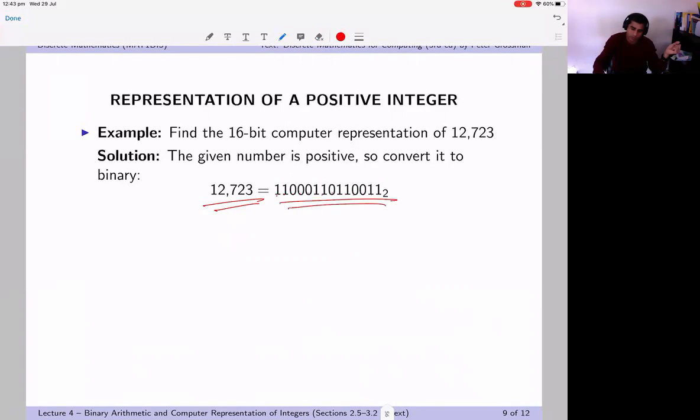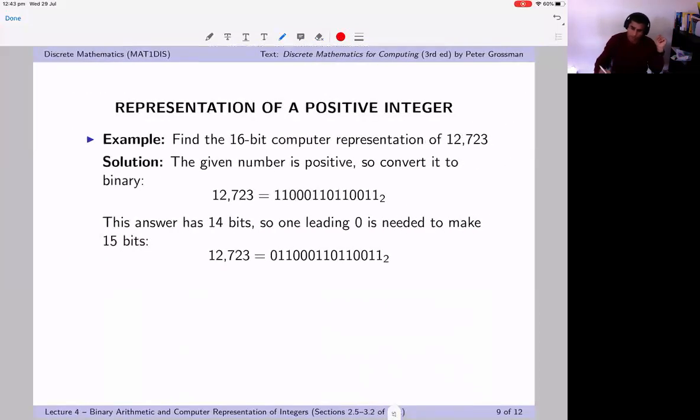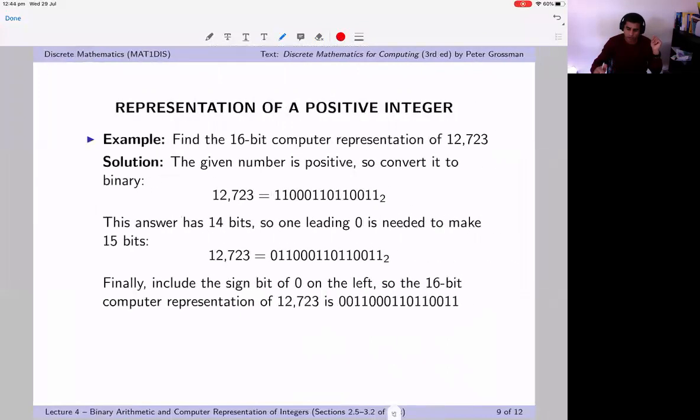So to make it 15 bits, we add a leading 0. So we have these 15 bits. Hence this number 12,723, its binary representation is this one. And when you store it in the computer, since it's a positive number, the 16th bit will have a 0 here as well.